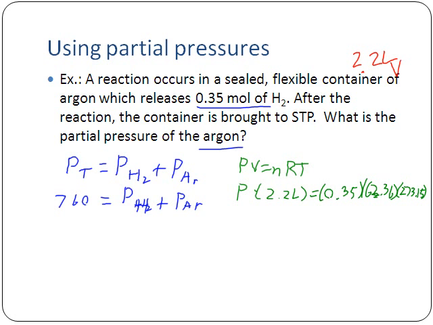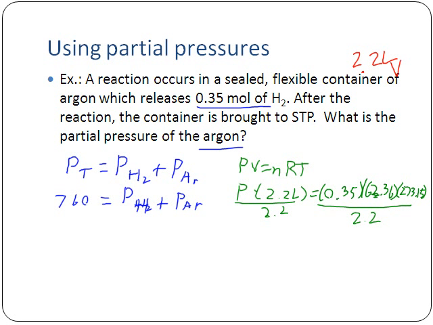Okay, and now to solve for pressure, we're going to divide both sides by 2.2. Getting out the calculator, we've got 0.35 times 62.36 times 273.15, because it's STP, divided by the volume, 2.2.